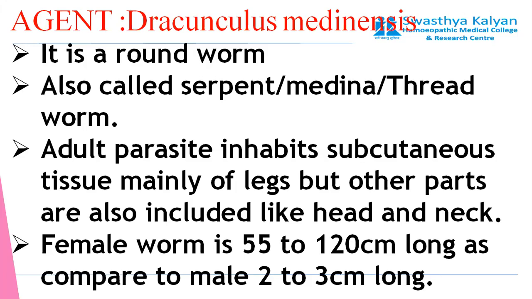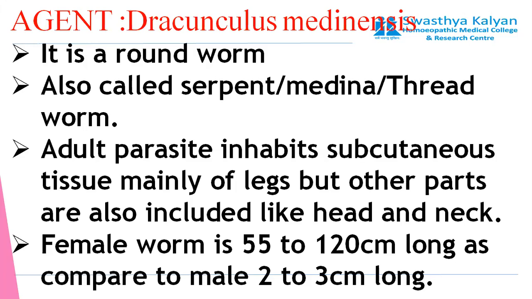The adult parasite inhabits subcutaneous tissue, mainly of legs, but other parts are also involved. If we consider the difference between the male and the female worm, it is quite obvious that the female is much longer compared to the male.